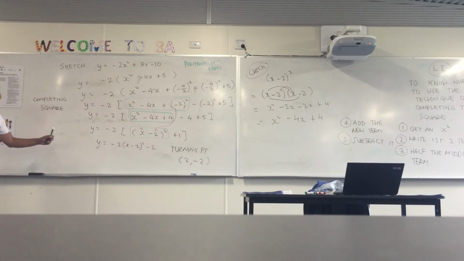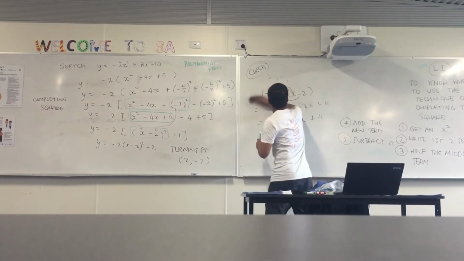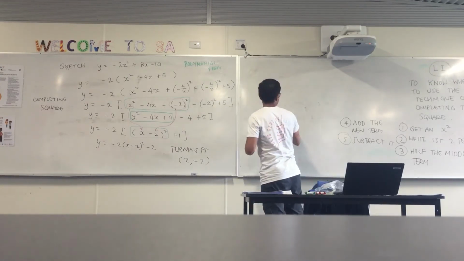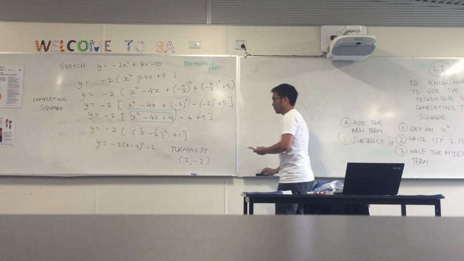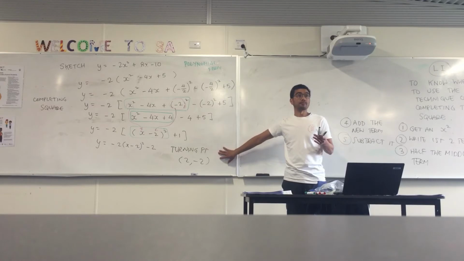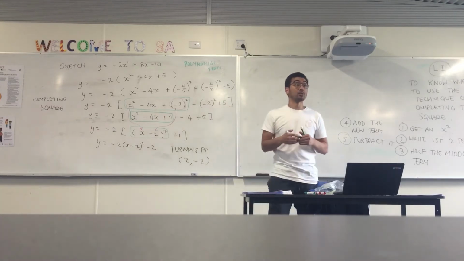Now, once we're there, we can start doing some work of sketching the graph. What's one thing that we need to find out, Rosella? What's one thing that we need to find out when we're sketching a graph? Just one of those things that we went over last week. There's 3 things.